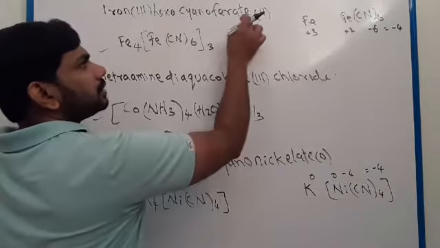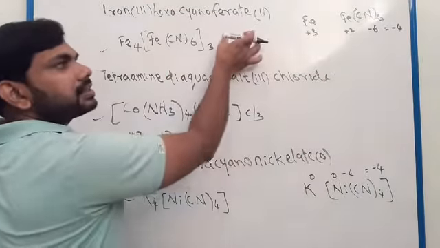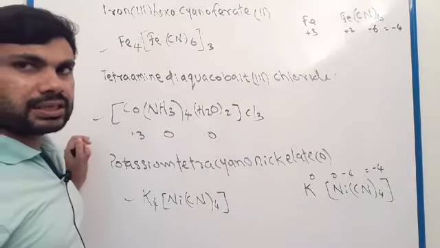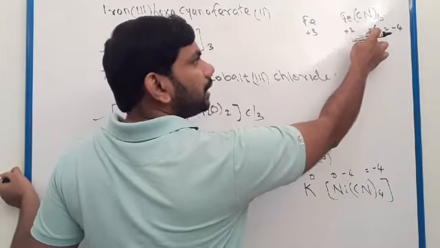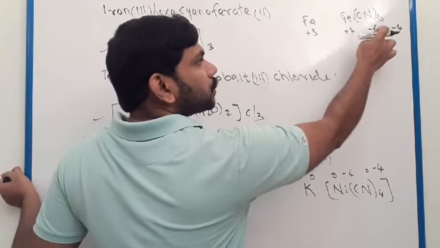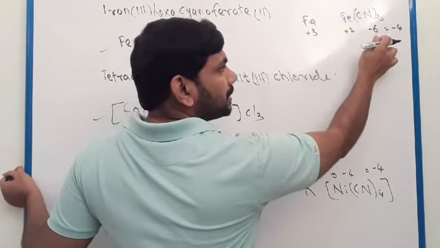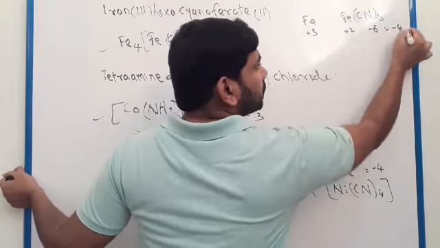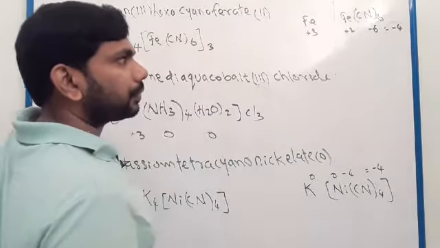This is also given in hexacyanoferrate, iron is in the plus 2 oxidation state. And CN is minus 1 and here 6 CN, so minus 6. So plus 2 minus 6. So the overall charge of this part will be minus 4.